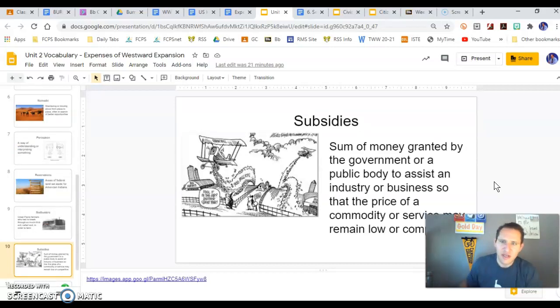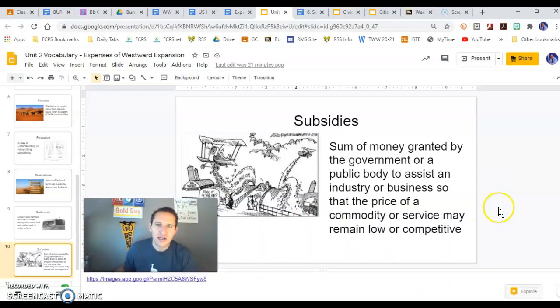And then the last one is subsidies. Subsidies are basically money that is given by the government to maybe a business, an industry, it could be individuals, so that they can remain competitive. It's almost like a competitive balance. And you're going to see some subsidies here with the Homestead Act, which we're going to talk about this unit.